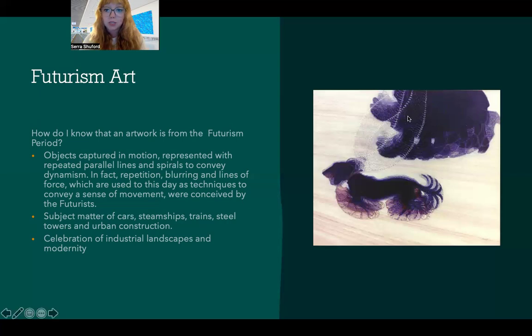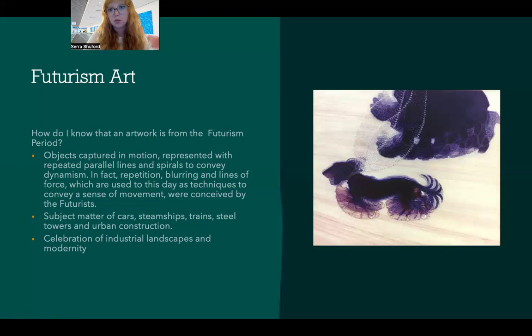And sometimes you'll see something like the body of the dog, and not so much in the person, but the body and the head of the dog are one compact thing, where the legs that are moving and creating this motion are the part that's more blurred and show this motion. And then even beyond that, we see these really intense parallel diagonal lines that make it feel like we're moving through the space as well.